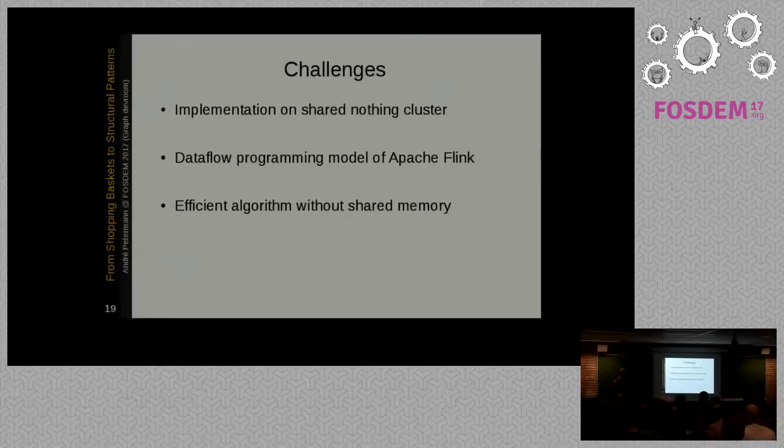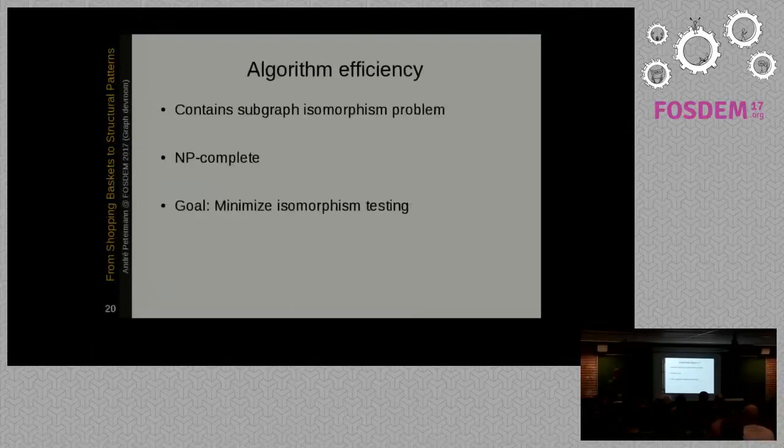The challenge in implementing such algorithms, especially in the context of shared-nothing clusters, is that we need to meet the data flow programming model, in this case of Apache Flink, but this also applies to Apache Spark or even MapReduce. What we need to find is an efficient algorithm which does not rely on shared memory. I don't want to become too scientific, so I'll just explain algorithm efficiency.